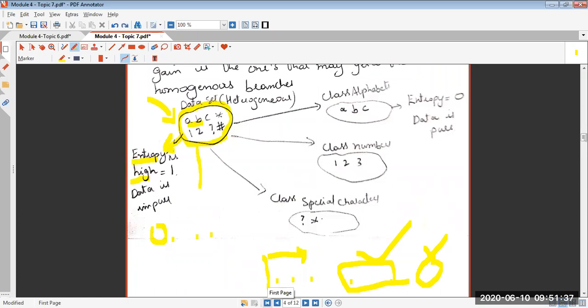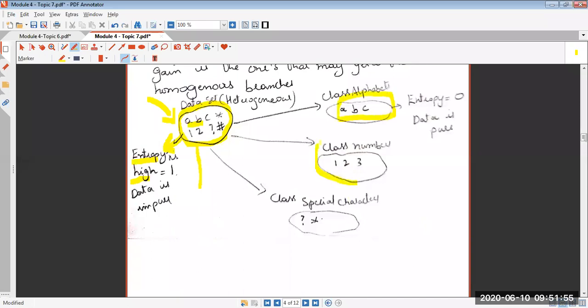So we declared the problem statement. The problem statement here is a raw data set, which has very high entropy, should be managed to a level where the entropy is reduced. Now, how can this be done?